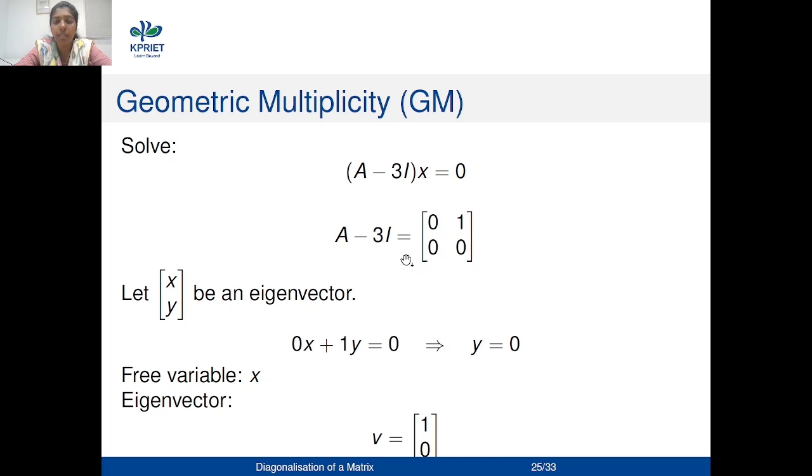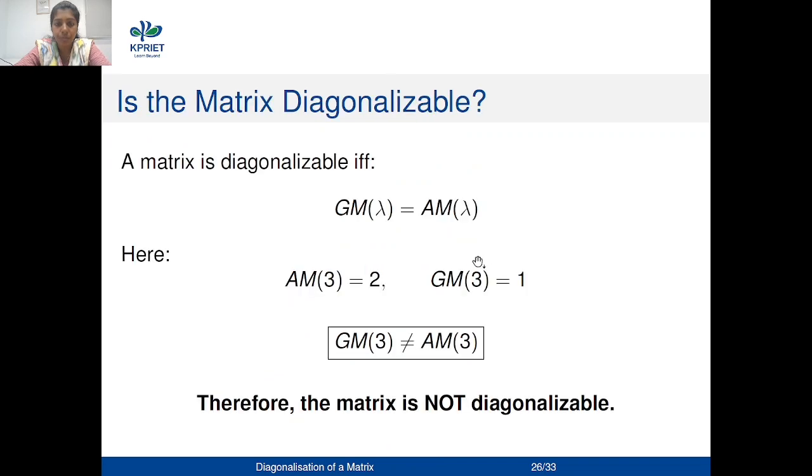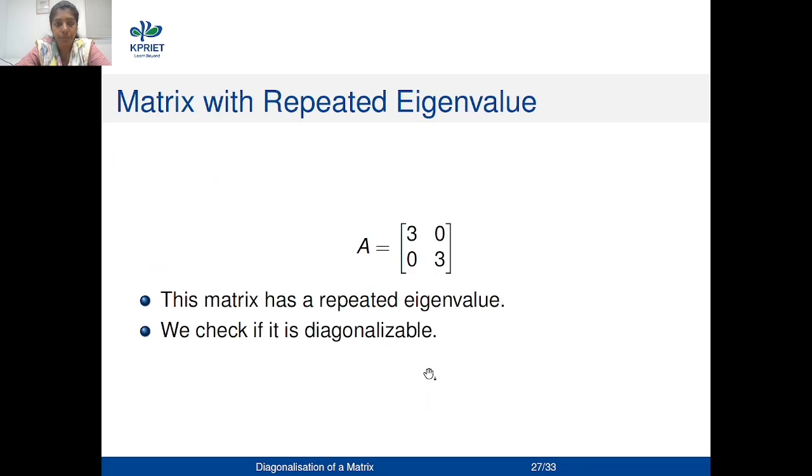Or else I can say the dimension of the kernel of A minus 3I is 1. So I can conclude that the geometric multiplicity of the eigenvalue 3 is 1. So here the two multiplicities are not equal, and I can conclude that the matrix which I have considered here is not diagonalizable.